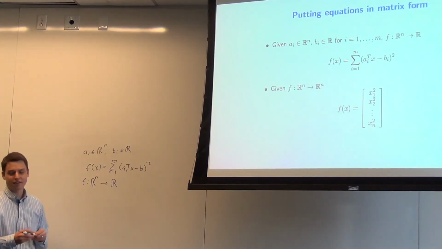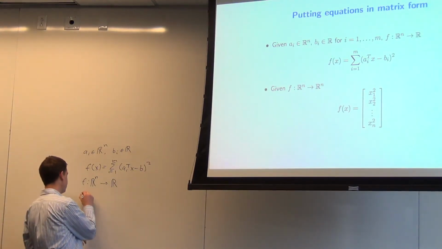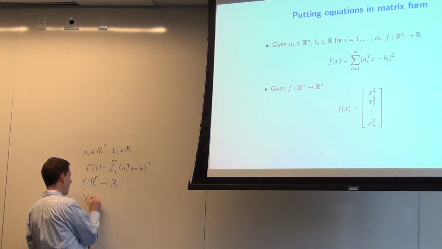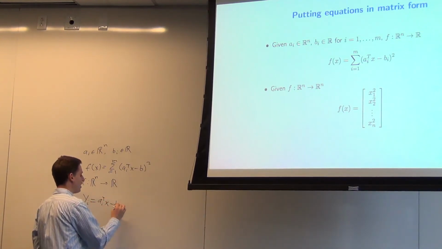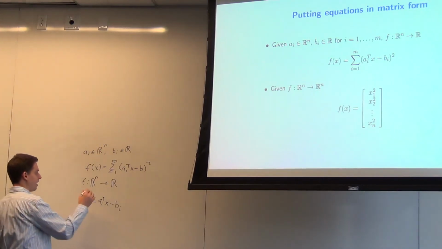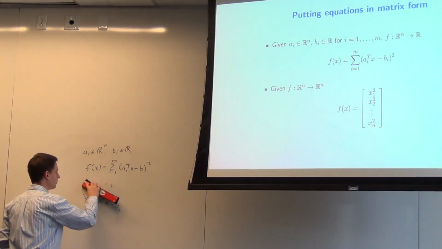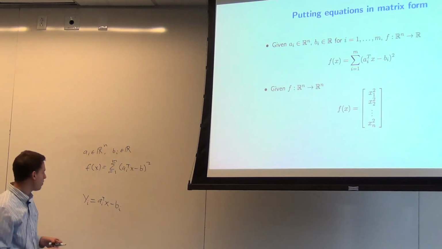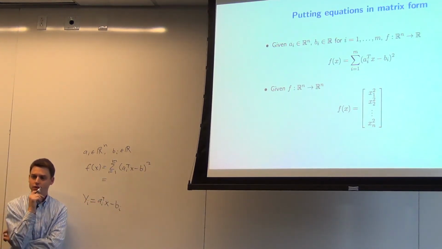Suppose I had a vector y, where y_i equaled a_i transpose x minus b_i. What would this thing be then? How would I write that? f(x) equals what? Remember, it's the sum of all these elements squared, so what would that equal in terms of y?